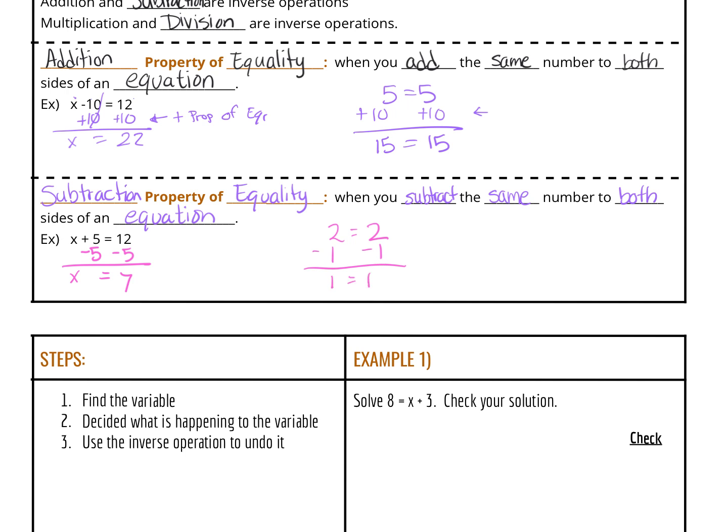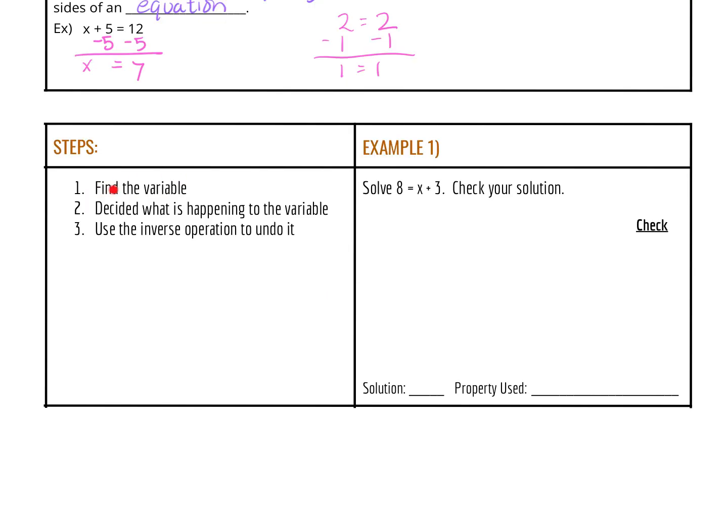So let's go ahead and look at our different examples. So first we're going to find the variable, then we're going to decide what's happening to the variable, and then we're going to use the inverse operation to undo it. And we're going to tell what property we used when we do that, okay? So let's go ahead and look at this. So the variable in this instance is on the right.